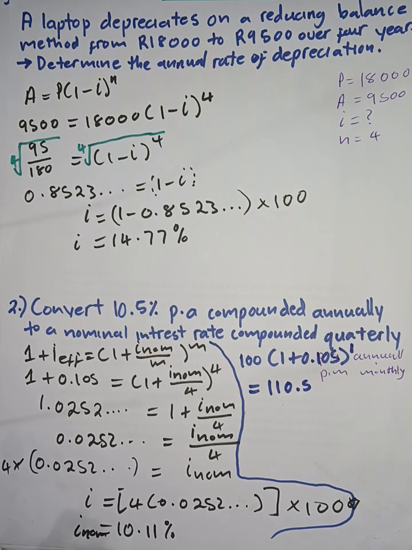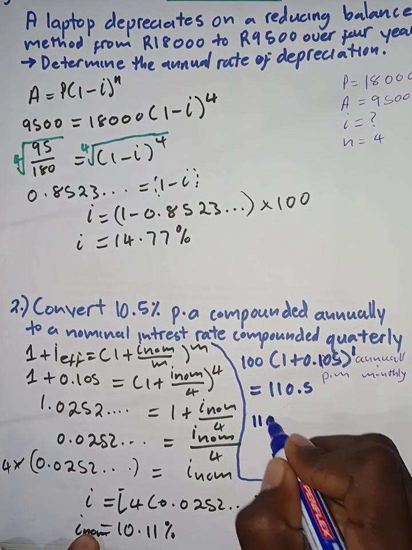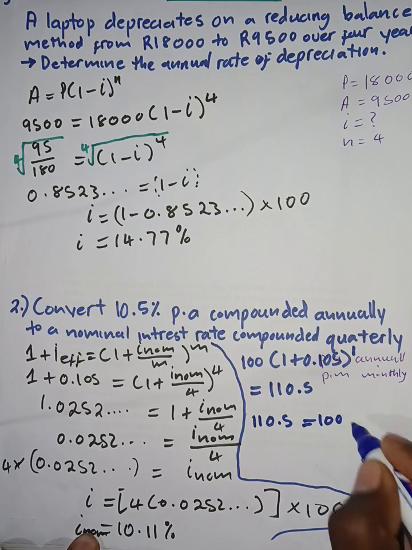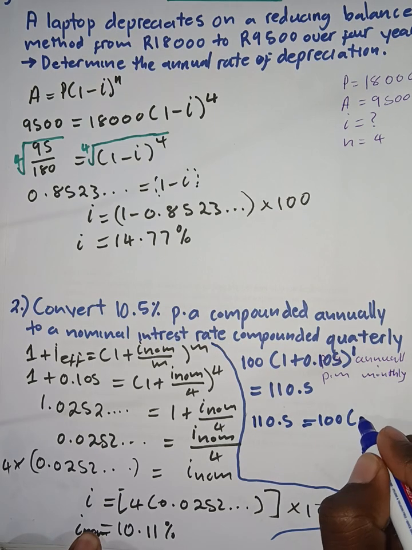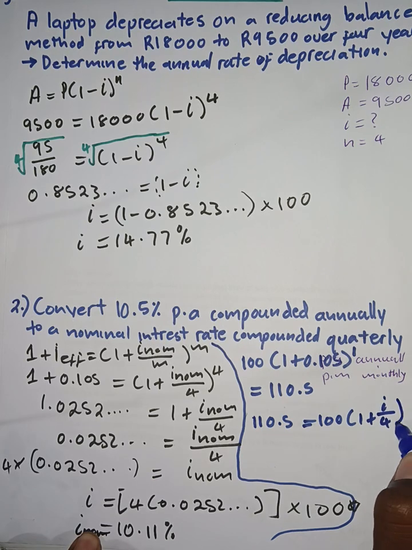And then the second step would be to say, how do I get 110 rand and 50 cents from 100 rand if I don't use the 10.5, but rather use some other interest compounded quarterly, 4 times a year. So that would be 1 plus i over 4, to the power of 4.